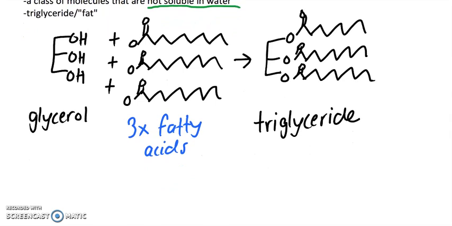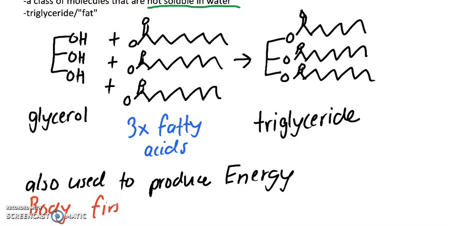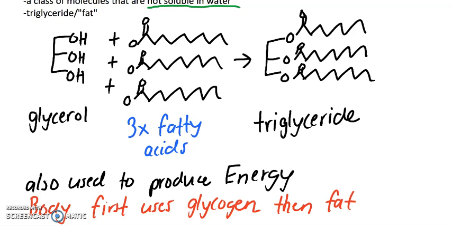And this is also used to produce energy like glucose, but there is one main difference. The main difference is that we first use our glucose or glycogen stores, then we go on to fats. So let's say the body first uses glycogen and glucose, and then it uses these fats.